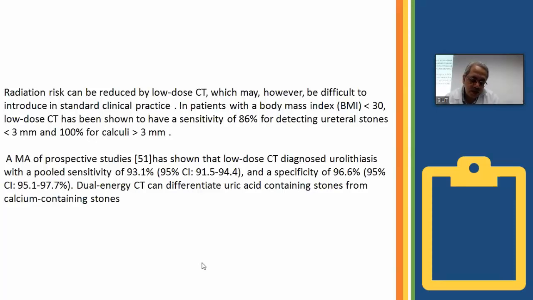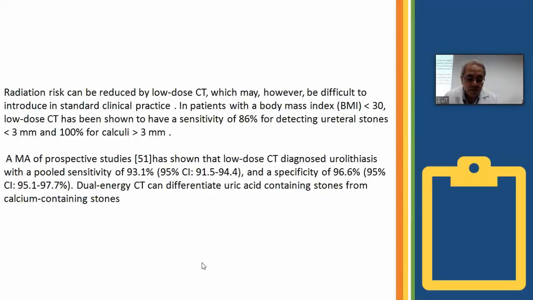So there was some kind of debate earlier about why we should change our practice from one diagnostic modality to the other, but now everything is clear, and we are going further in the direction of non-contrast CT by decreasing the dose of radiation so that it is applicable to a lot of different conditions or comorbidities which are present in the patient.